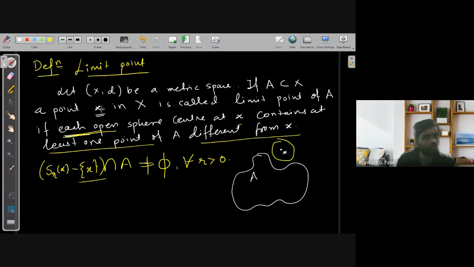Let us give some examples so this definition is clear in our mind. I will take this as an example. Let's say this set A is the closed interval 0, 1, and X is R with the usual metric.